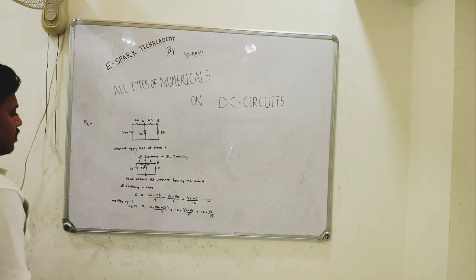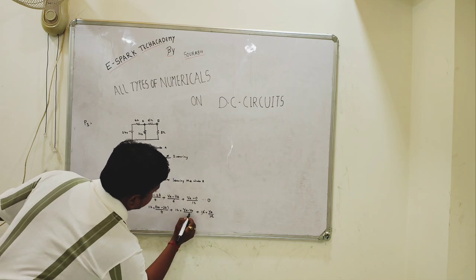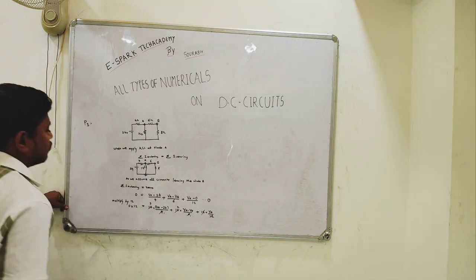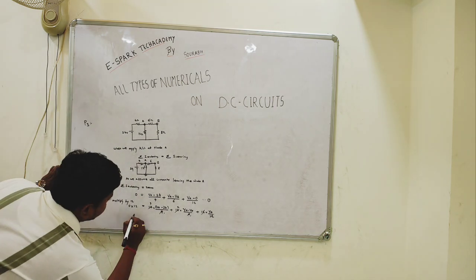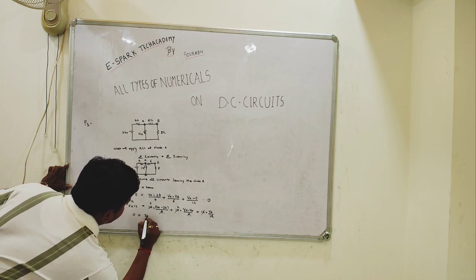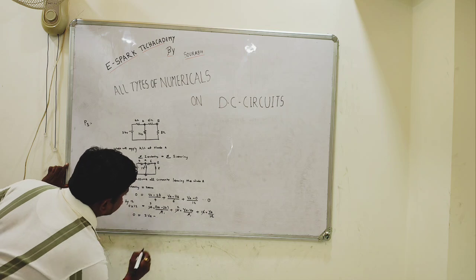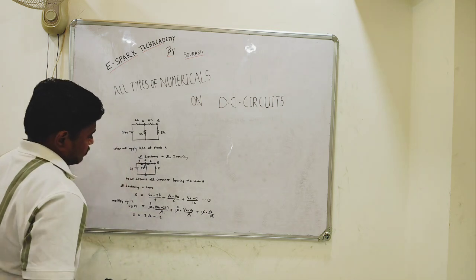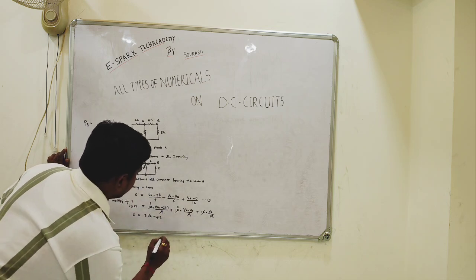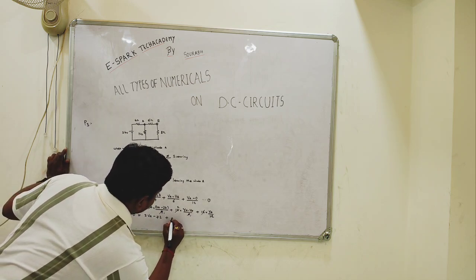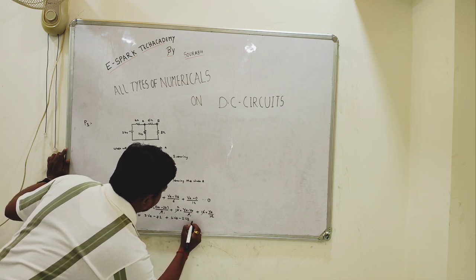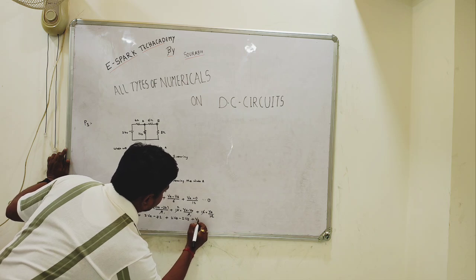Now what you will get as these two will get cancelled, this will be nothing but 2, this will be nothing but 3, and 0 into 12 is 0, you know that. Now 0 equal to 3 VA minus 72 plus 2 VA minus 2 VB plus VA.